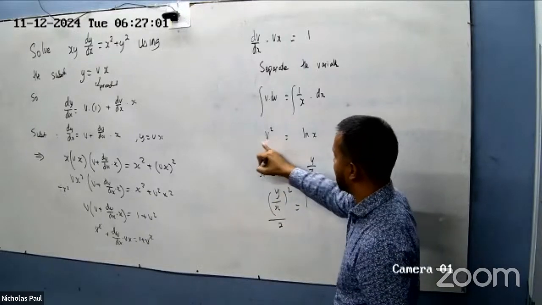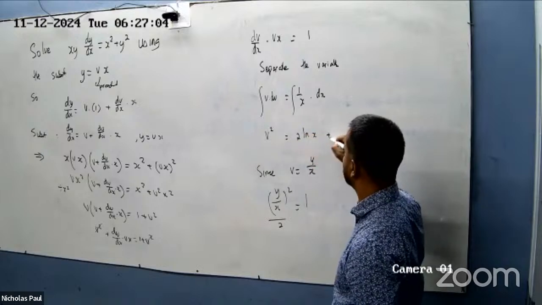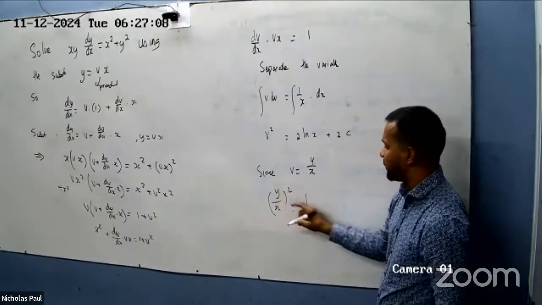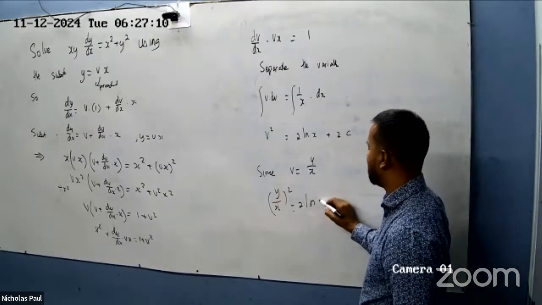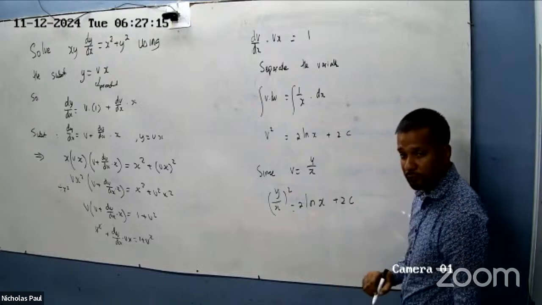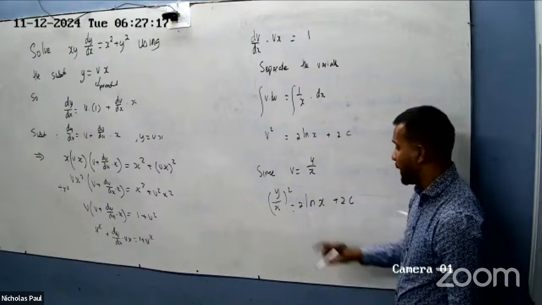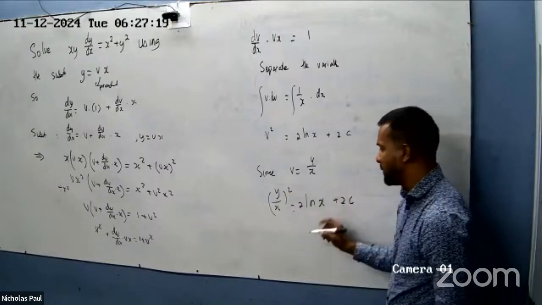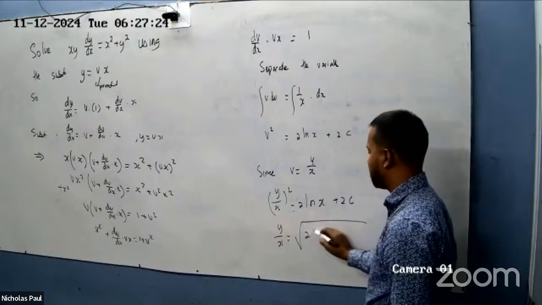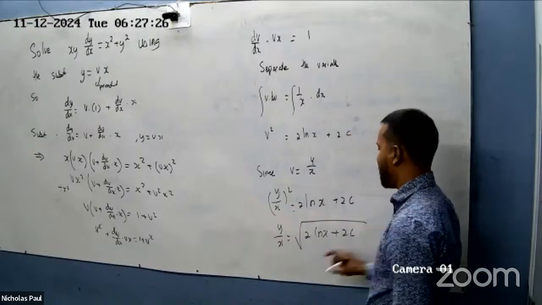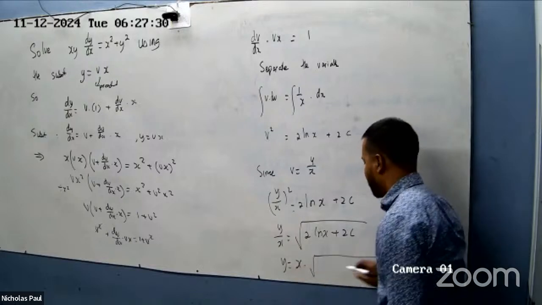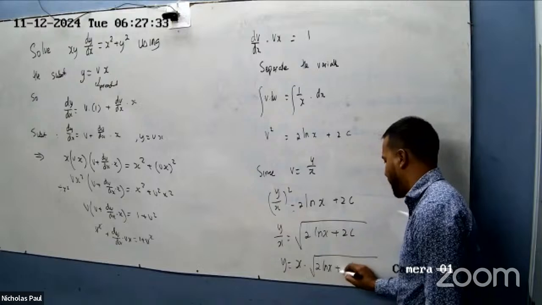I'm multiplying everything by 2, so I don't have a problem. y on x all squared is equal to 2 ln x plus 2c. Okay with that? Then carry across this square, and we'll get the square root of this whole thing. And then carry across the x, so we will get y equals x times the square root of 2 ln x plus 2c.